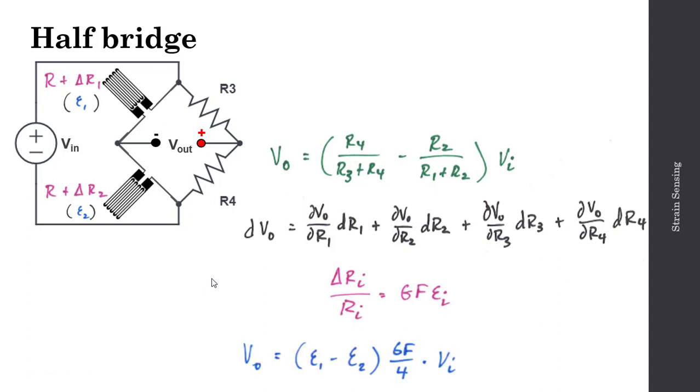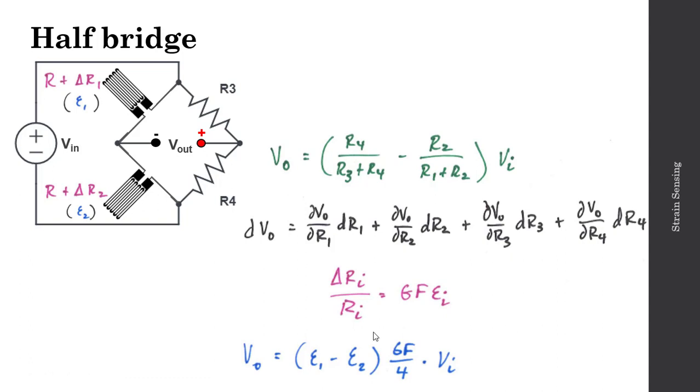So the resulting description of my output voltage is going to be equal to the strain on my first strain gauge minus the strain on my second strain gauge, so epsilon sub 1 minus epsilon sub 2, times my gauge factor divided by 4, all times my input voltage.